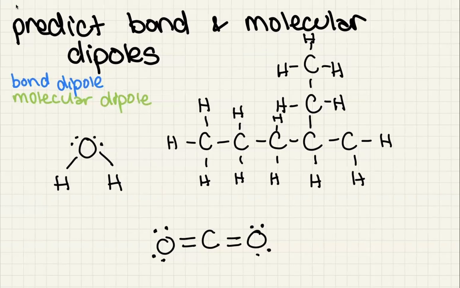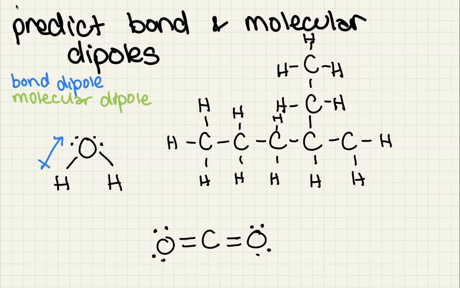So in each case, we're going to look and see which atom is more electronegative than the other in the bonds. In the case of oxygen and hydrogen, we know that oxygen is more electronegative, so it's going to be pulling the electrons towards it. This means it's going to have a bond dipole directed towards the oxygen.